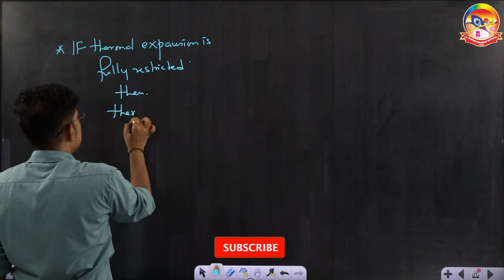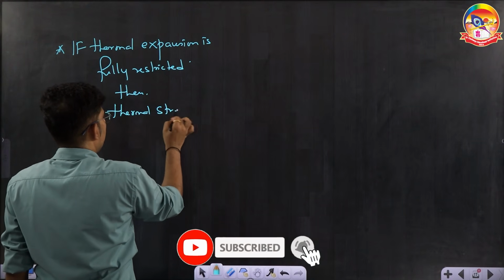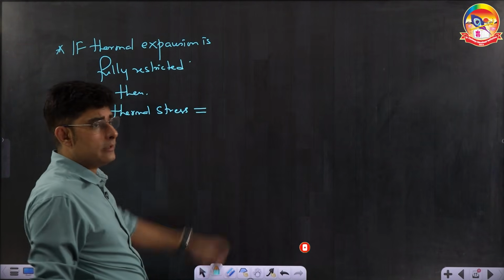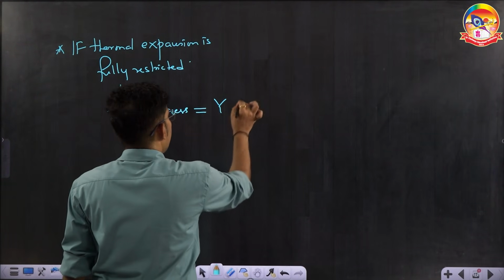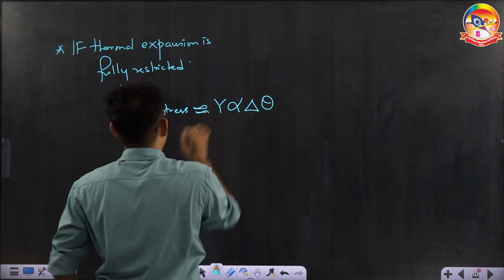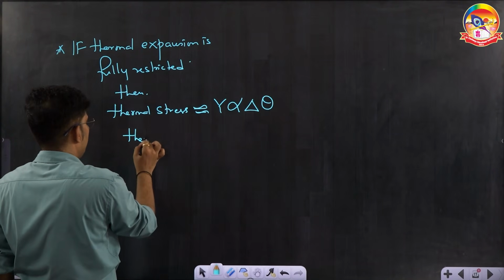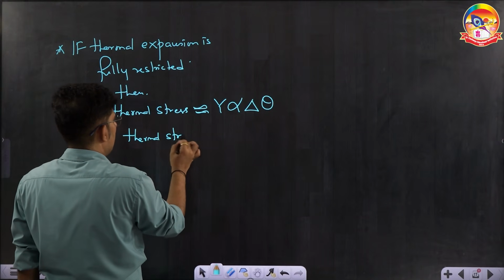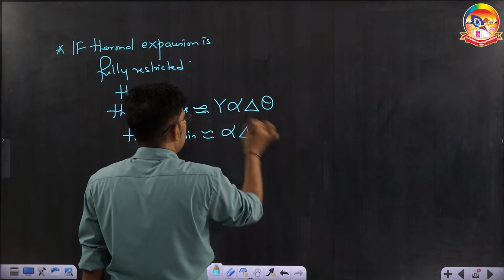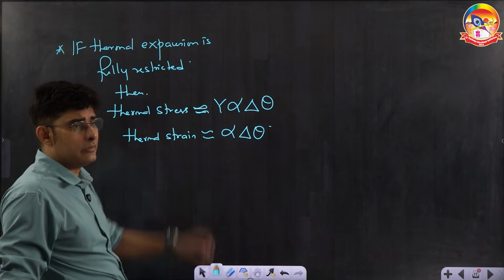So thermal stress we will take, if we are taking in case of rod, we take it as Y alpha delta T or delta theta approximately, and thermal strain will become alpha delta theta, where Y is the Young's modulus of the material.